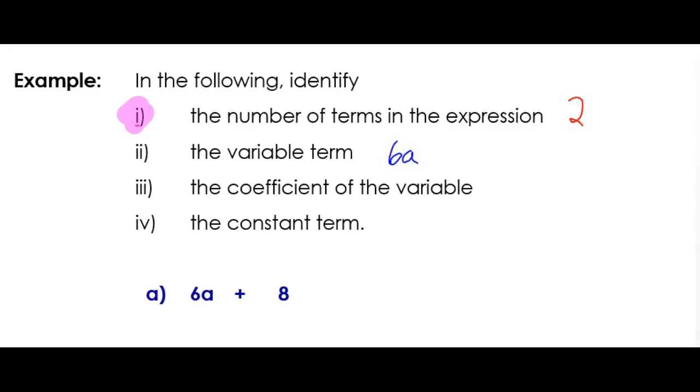And so since my variable is a, I'm looking to see what a is being multiplied by. Well, it's being multiplied by 6. So the coefficient of the variable is 6. Lastly, the constant term. Now, I think we're pretty good with that. The constant term is the term that is unchanging, and that is my 8. Let's look at another example before we move on.